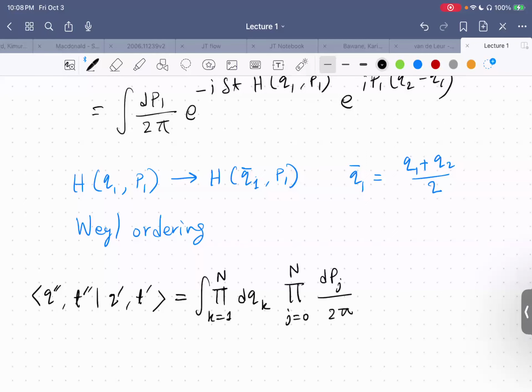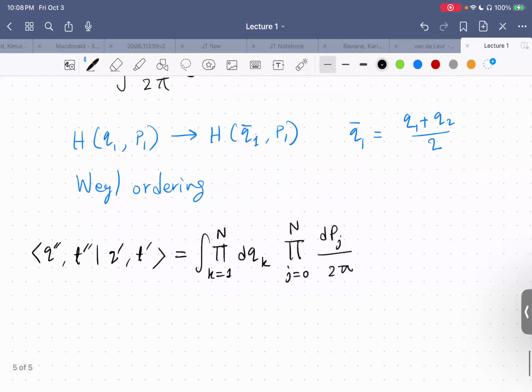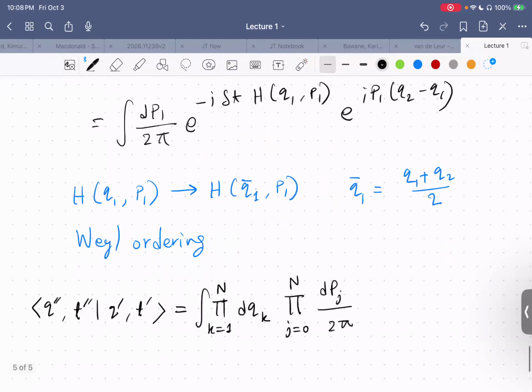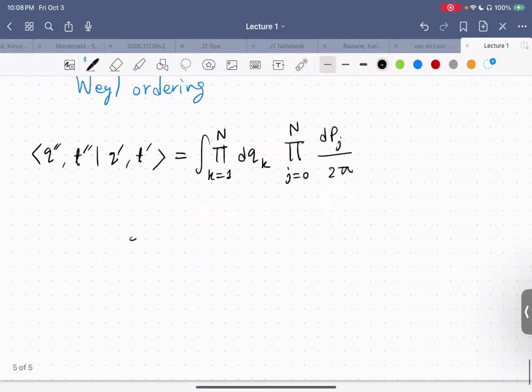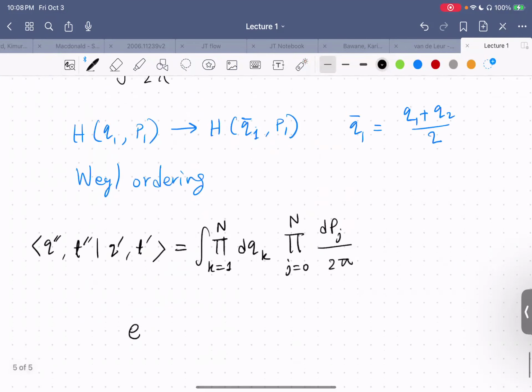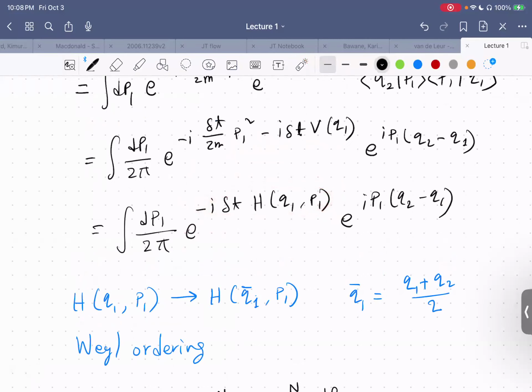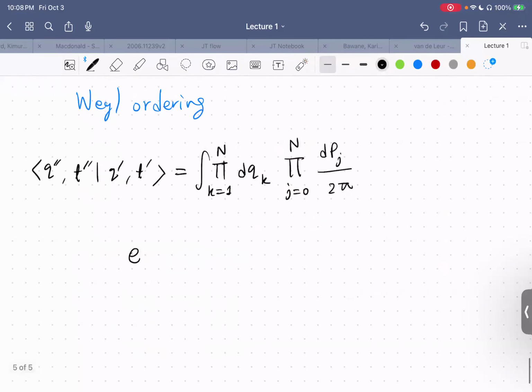Don't worry about 2 pi's. And then we have expressions like this, one for each infinitesimal interval. Again, these are just numbers, so you take the product of all the exponents, then you just sum over exponents. Here we have a big sum.